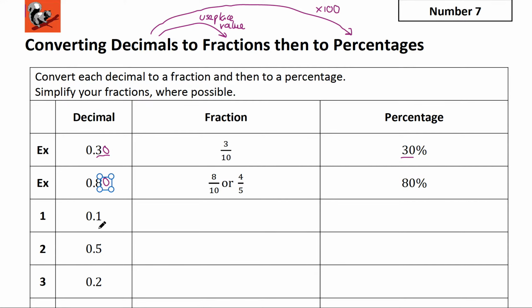Okay, let's have a look at number 1. So 0.1 or 0.10, when we multiply by 100, we would turn it into 10%. Okay, in terms of a fraction, though, to turn the decimal into a fraction, I'd say is easier. There we've got 1 in the tenths column, so that is 1/10.